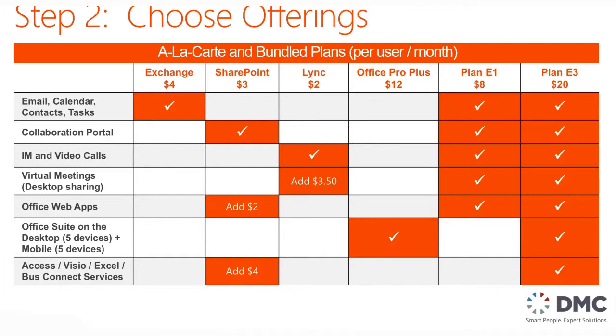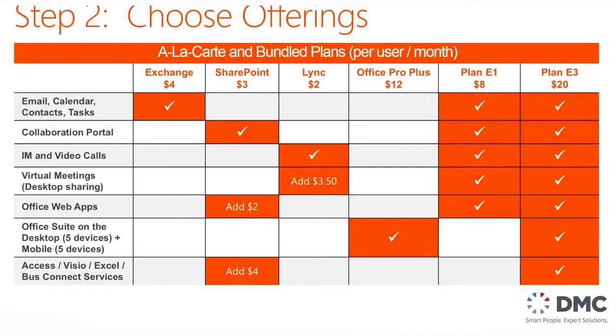Once you've picked the family that's appropriate for you, I recommend that you pick the specific offerings that are going to be most appropriate for your business. You can choose each of the features in an a la carte fashion, and you just pay for what you actually need. But usually you'll get a price break if you choose one of the packages. I typically recommend either the E1 package, which includes Exchange, SharePoint, and Lync, all for $8 per user per month.